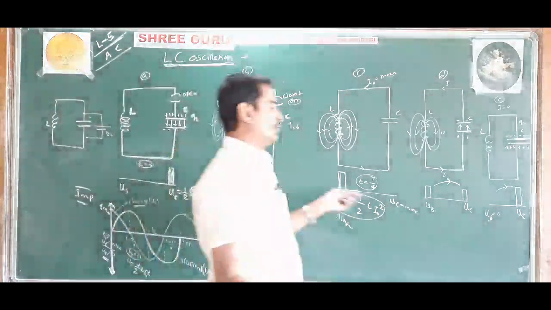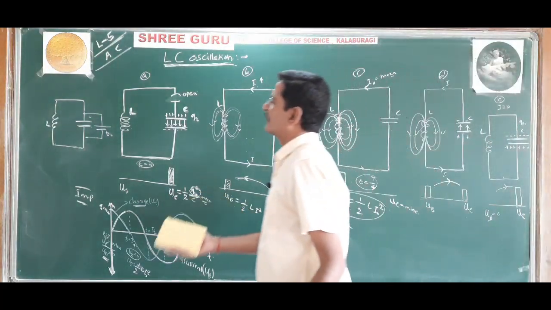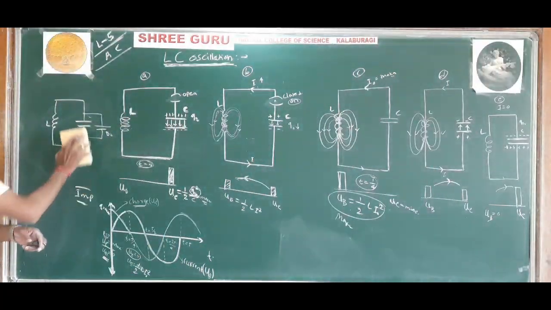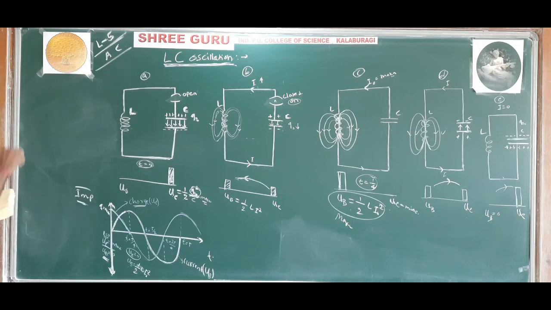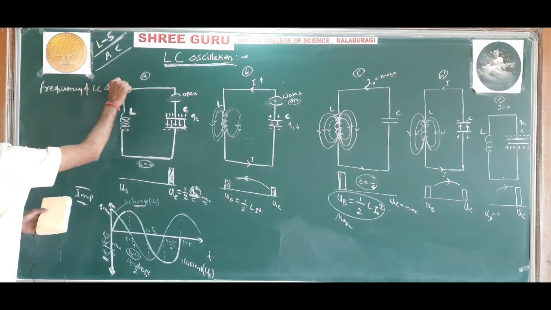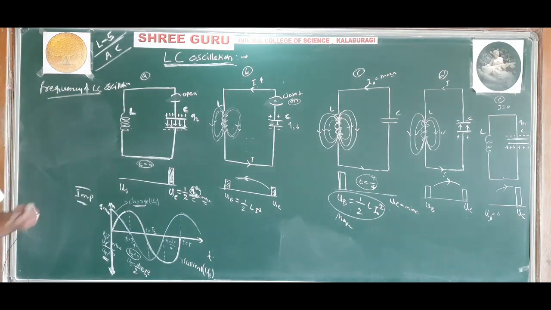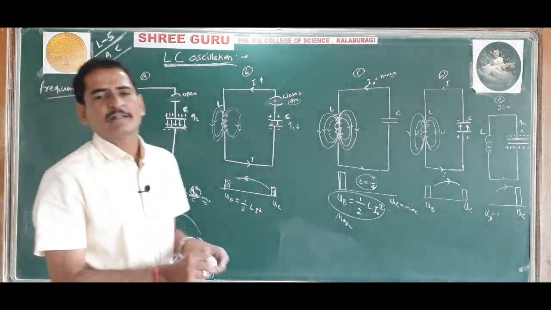Okay. So now we have to derive an expression for the frequency of LC oscillation. So consider an inductor of inductance L. It is connected to a capacitor in parallel.